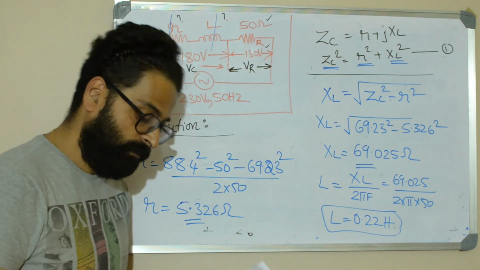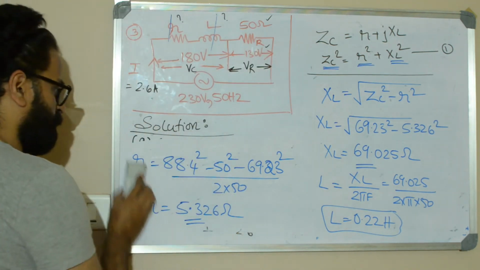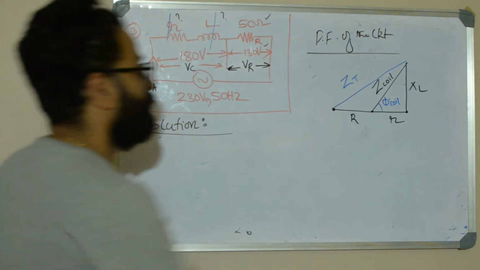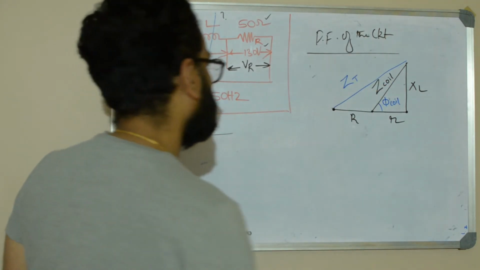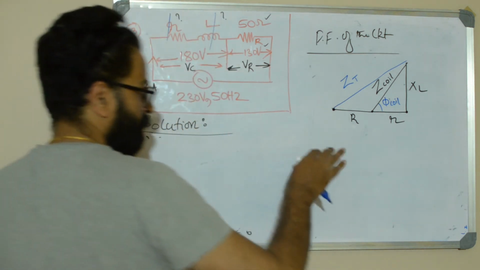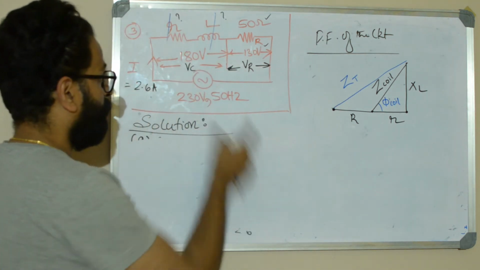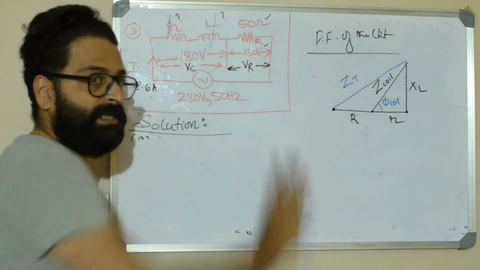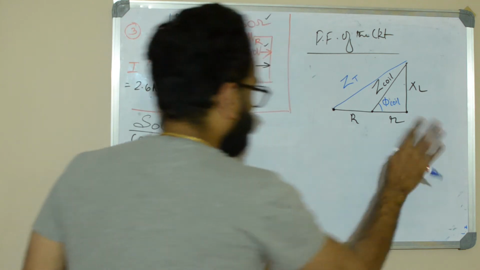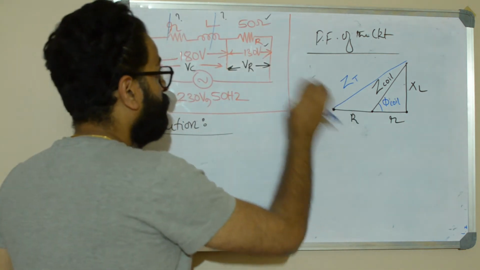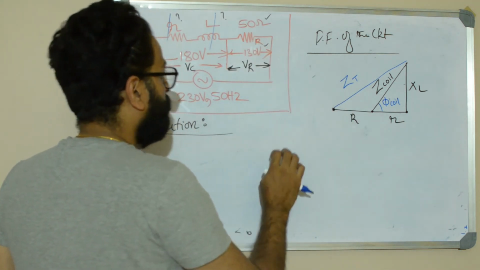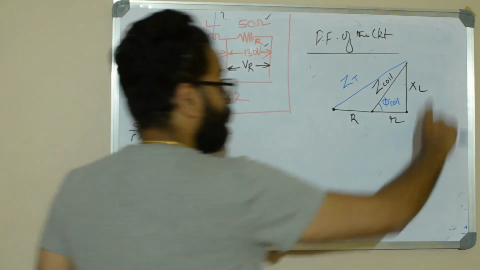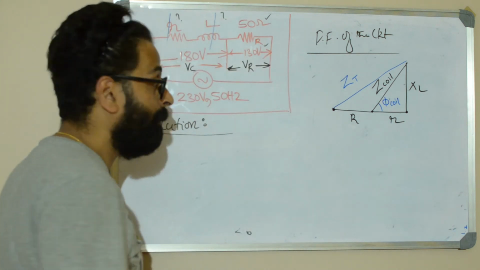Now you need to determine the power factor of the circuit. To determine the power factor of the circuit, let us construct the impedance triangle. While constructing the impedance triangle, resistances you take along x-axis and reactances you take along y-axis. We have pure resistance R and choke resistance small r, and then comes the reactance of the coil.